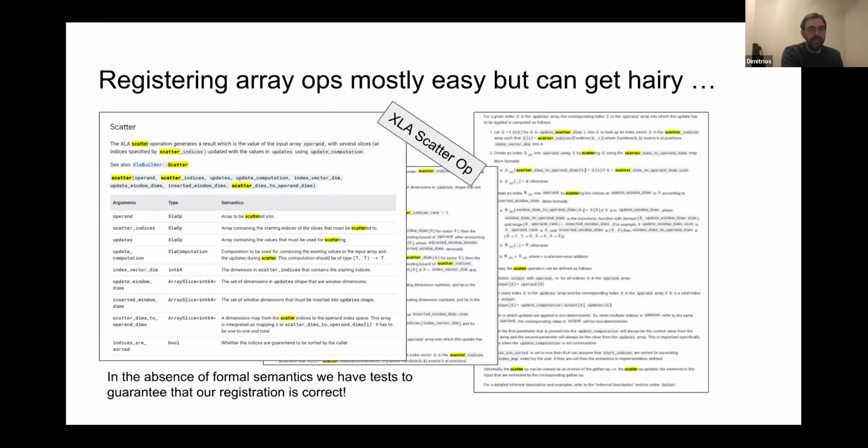Out of them, I don't know, 6 or 7 are statically known, and they affect what kind of axioms could be derived for the scatter op. And I have to make the embarrassing statement that in the absence of a formal specification of some of these ops, for the most hairy ones like scatter, we actually have tests to guarantee that our registration is correct. So this is a little bit of a call to this community for more formal specification of these things and having ways to reflect some of that stuff a little bit better.